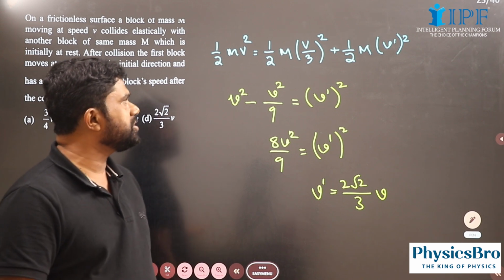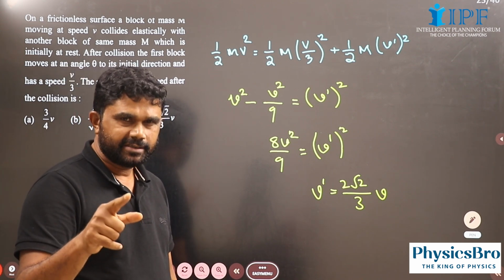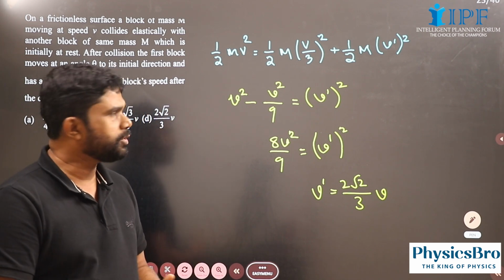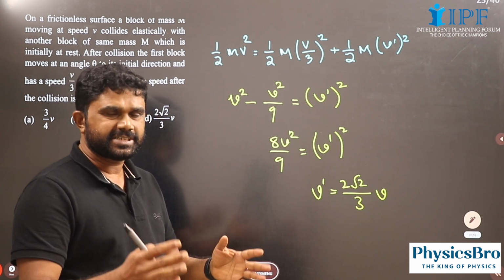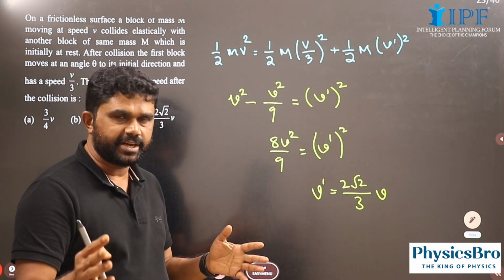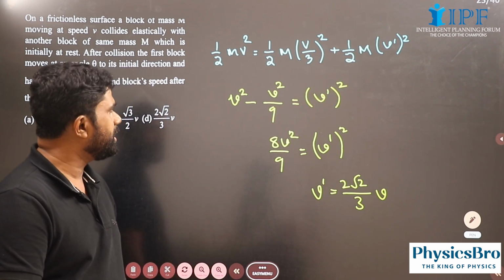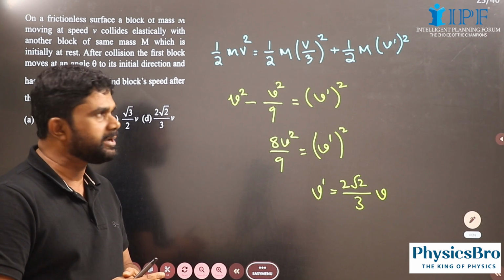So after collision, see, the first body moves with a velocity v by 3. That angle or direction is irrelevant. Okay, so half into mass into v by 3 whole square. And suppose the second body is moving with a velocity v dash, so its kinetic energy will be half into m into v dash square. Okay, from here half m is common to all the terms, that can be cancelled.